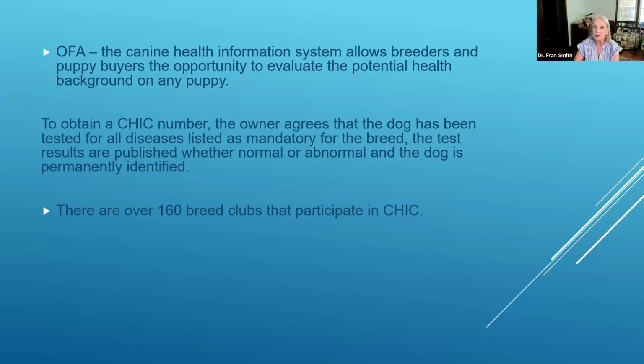And we're going to talk about CHIC, that stands for the Canine Health Information Number. The owner agrees that the dog has been tested for all the diseases listed as mandatory for the breed. The test results are published, whether normal or abnormal, and the dog is permanently identified.